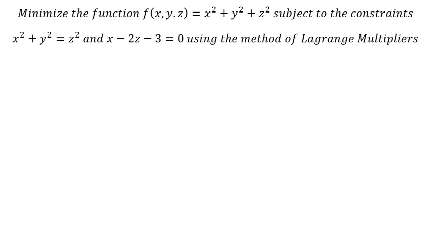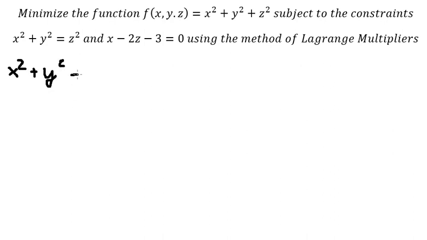So today I will show you how to apply Lagrange multipliers to find the minimum of this one. So now I will show you how to answer. The first thing, we need to put y² to the left.